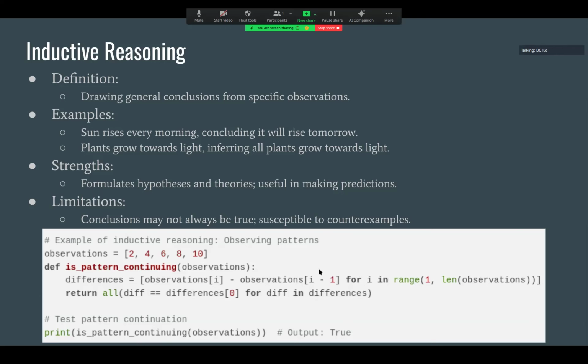The output shows that the pattern continues for the given list, demonstrating how inductive reasoning can be used to make generalizations based on specific observations.